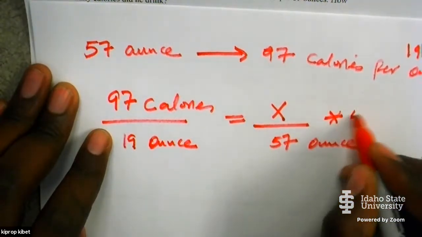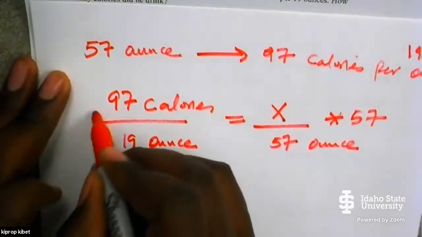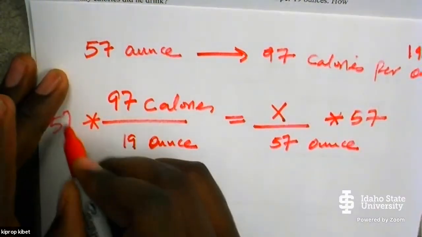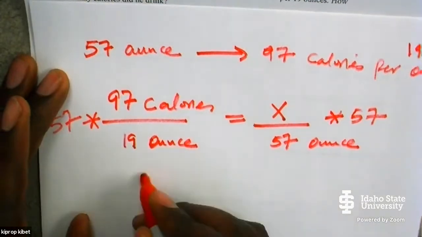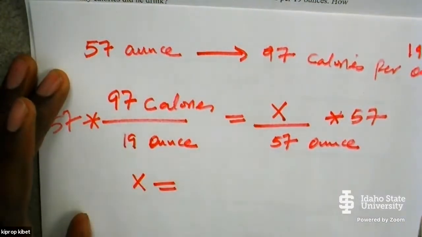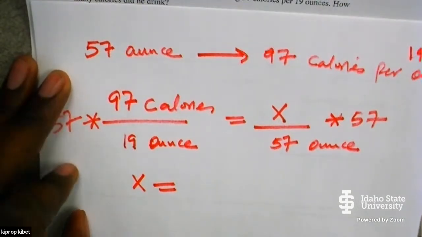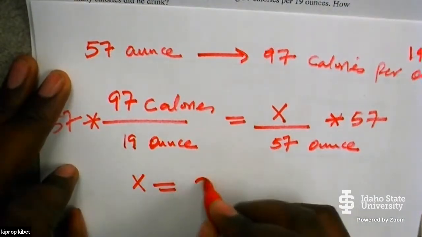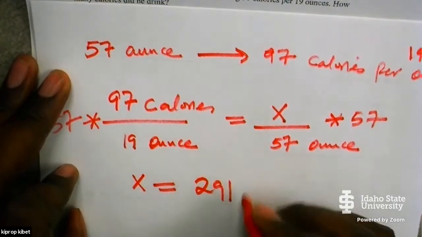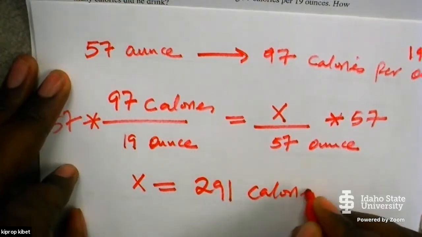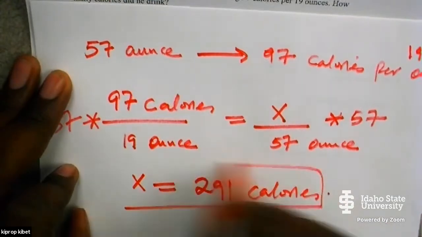And then you multiply by 57 here, you multiply by 57. So what is the value of X? 291. Yep, 291 calories.